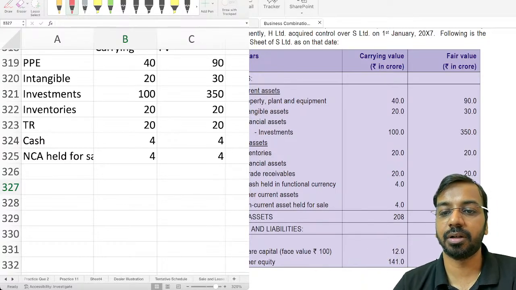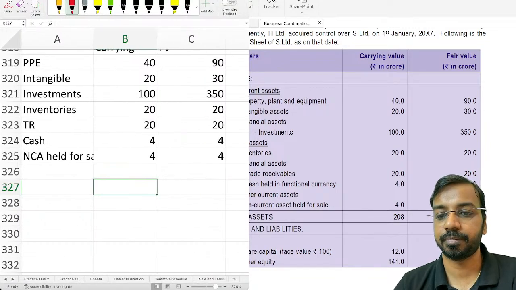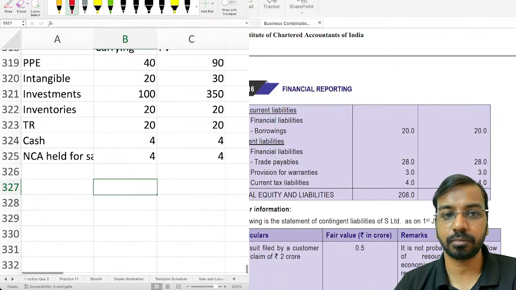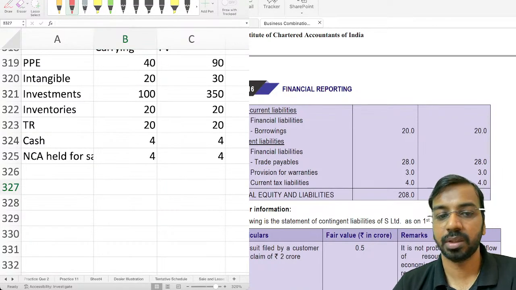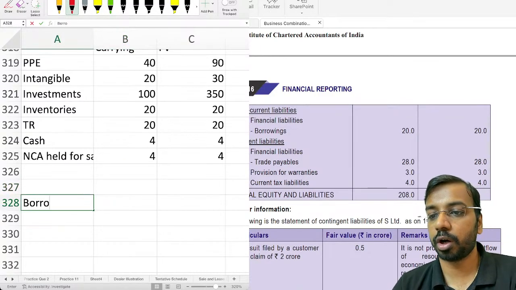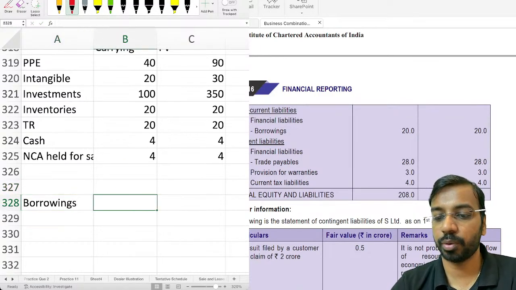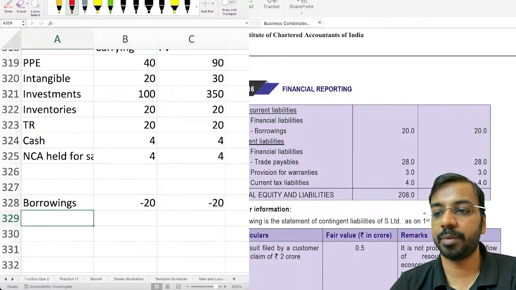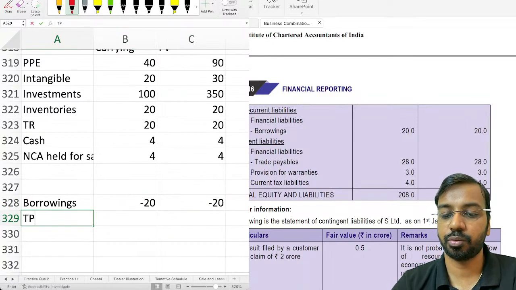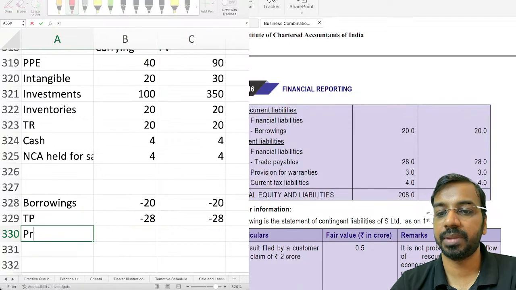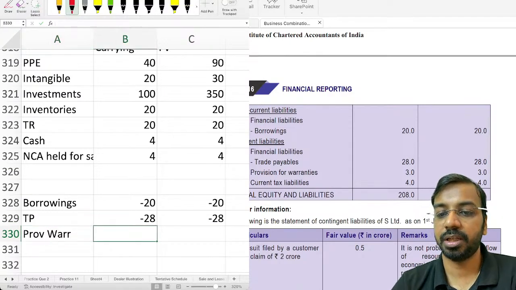Then we have the liabilities side. We have borrowings, which is 20. Then we have trade payables 28, 28. Then provision for warranty 3, 3.